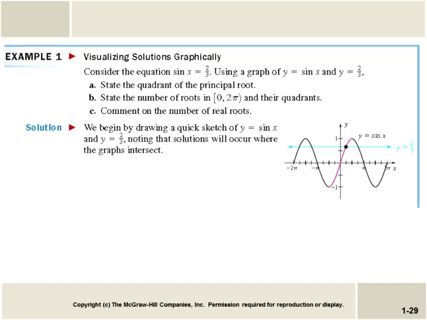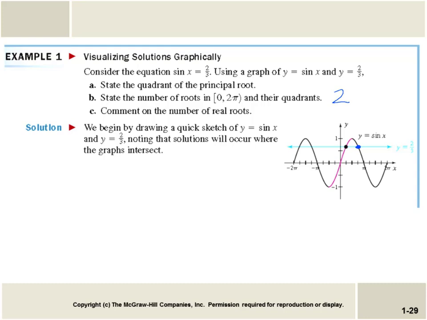So between 0 and 2 pi, I actually have 2 places, don't I? Right? So there's 2 places where the sine of x is equal to 2/3.